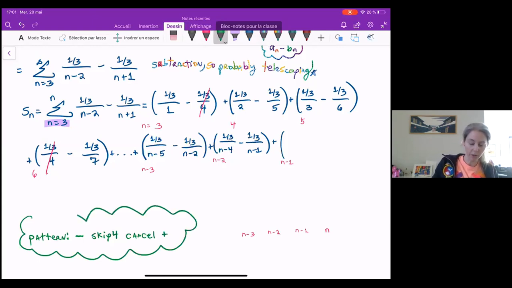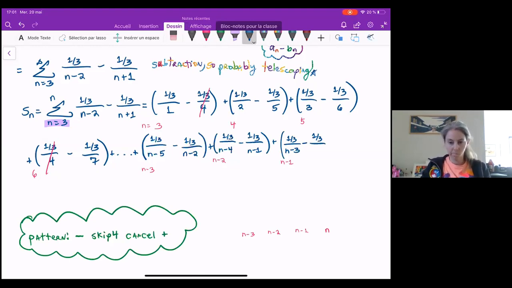So I'll have 1/3 over n minus 3, minus 1/3 over what? One-third over n. And then when I plug in my n, that last thing is going to give me just what I have in my original thing. So 1/3 over n minus 2 minus 1/3 over n plus 1.